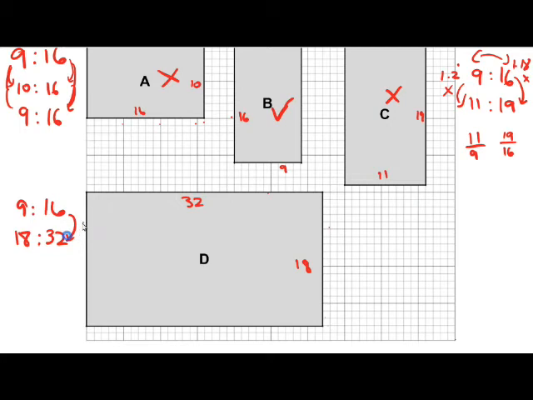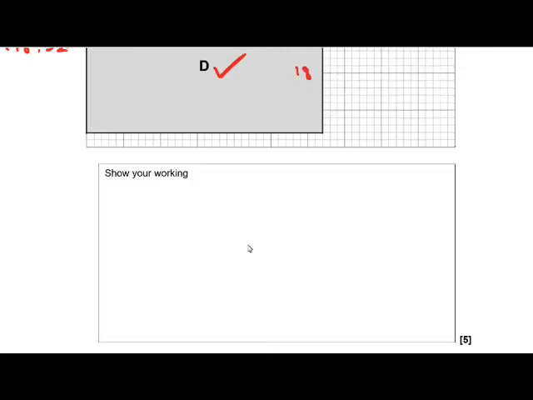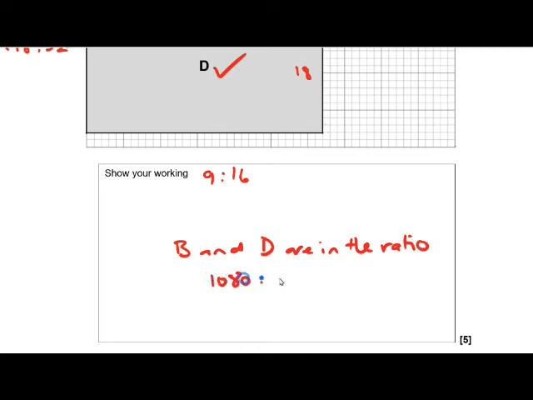You can see you've multiplied by 2 on this side and the same on this side. So D is in the correct ratio. So our working out is above, looking at our ratio of 9 to 16, and we know that B and D are in the ratio that we're looking for of 1080 to 1920.